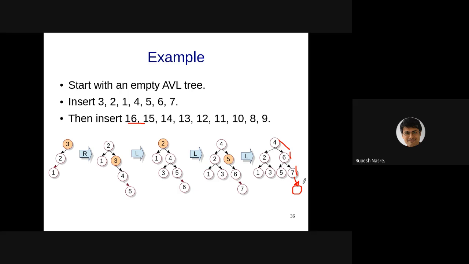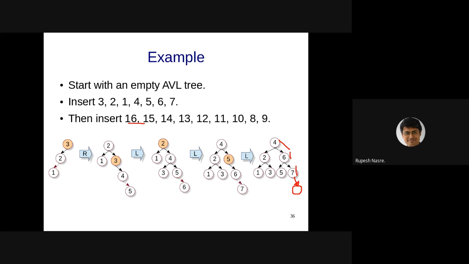Now let's add 15. Does that cause any problem? 15 is going to come to the left of 16, and that should cause an imbalance. Abhishek and Sania say that yes, there will be an imbalance.